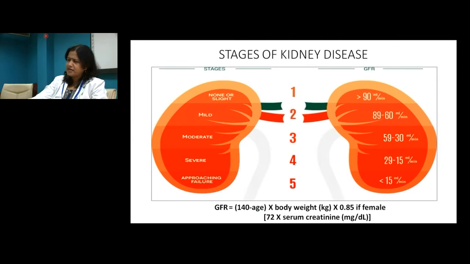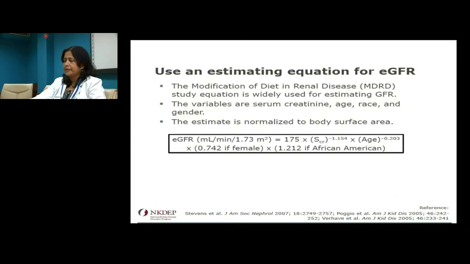This is the stages of kidney disease, that is stage 1, 2, 3, 4, 5, which depends on the glomerular filtration rate. There is a formula: GFR is equal to (140 minus age) into body weight in kg into 0.85 if female, divided by 72 into serum creatinine in mg/dl. Using an estimation equation for the GFR, that is the authorized estimation of eGFR.